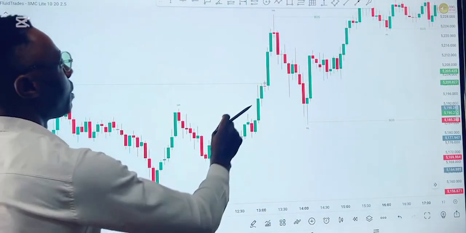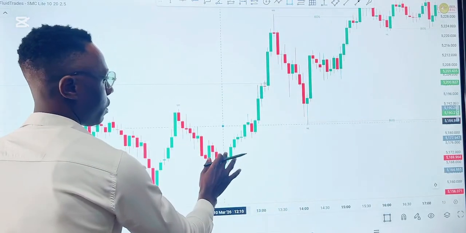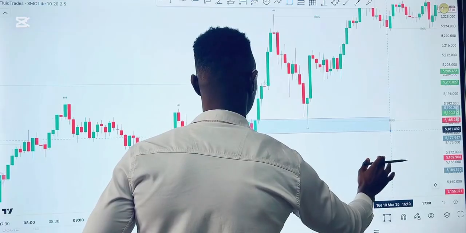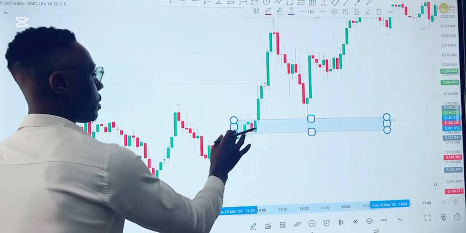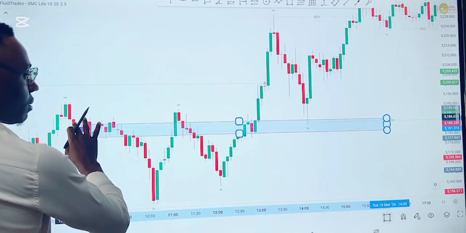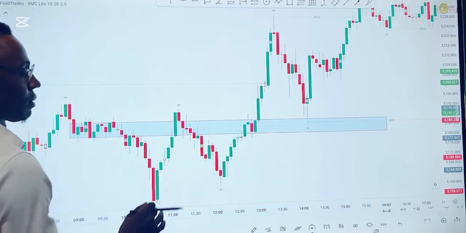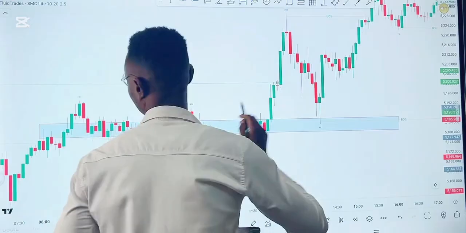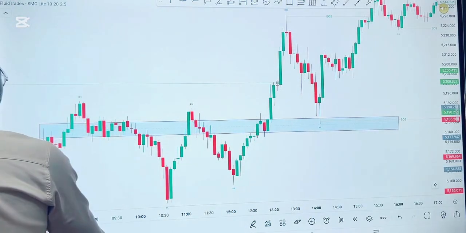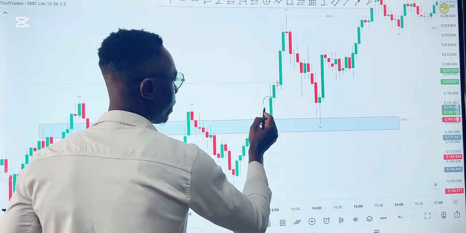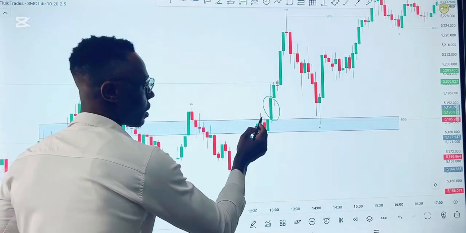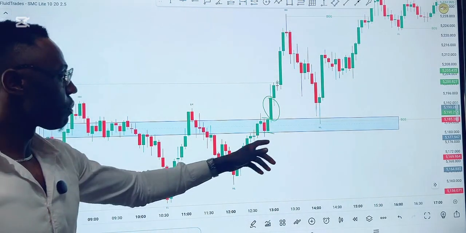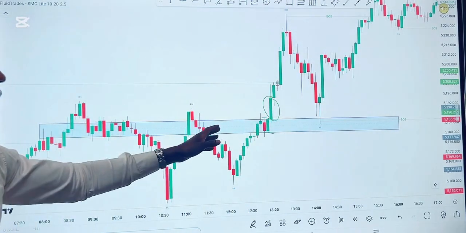So after this momentum candle right here, we found this order block, which I'm not going to explain more because I've already explained it.